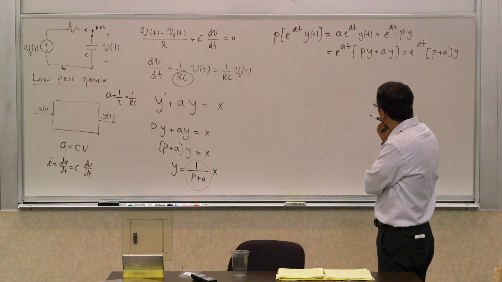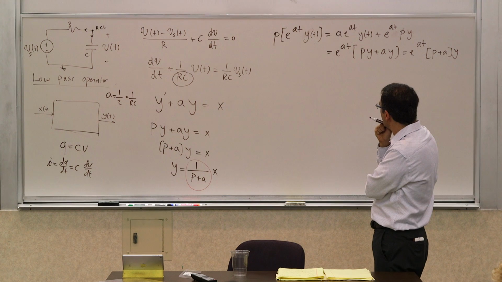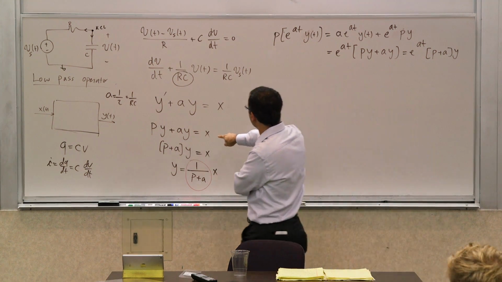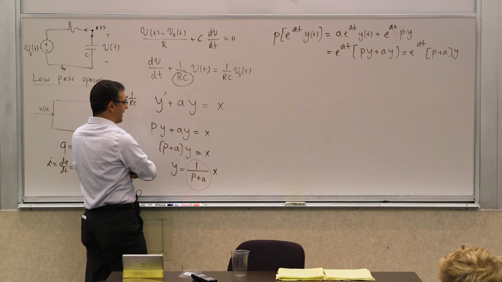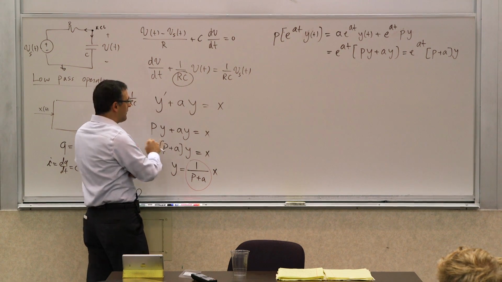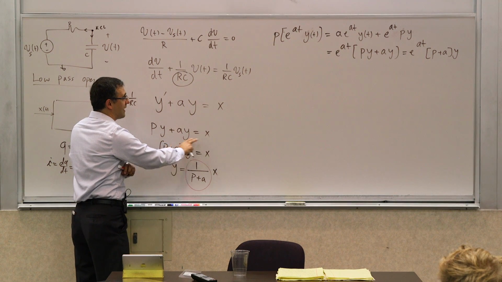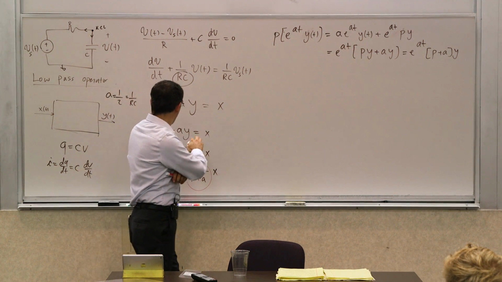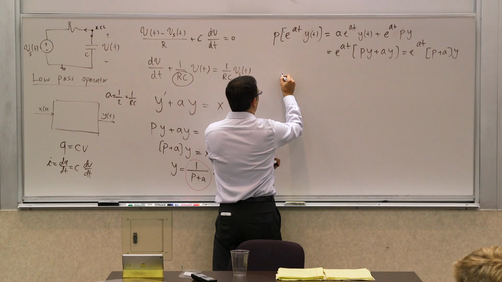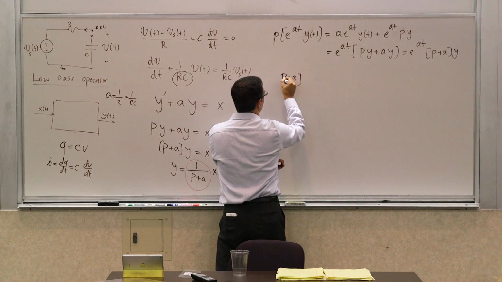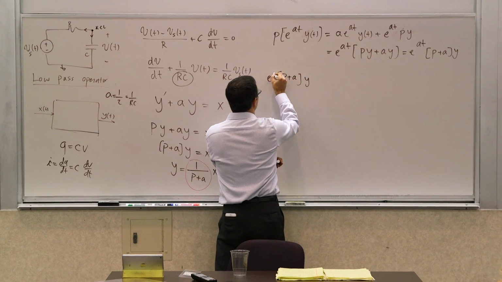Now, I know from this equation that this is the case. So if I multiply both sides of this equation by e to the at, what do I get? On the left-hand side, I get p plus a y times e to the at.